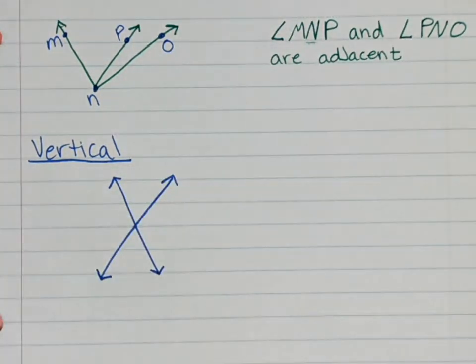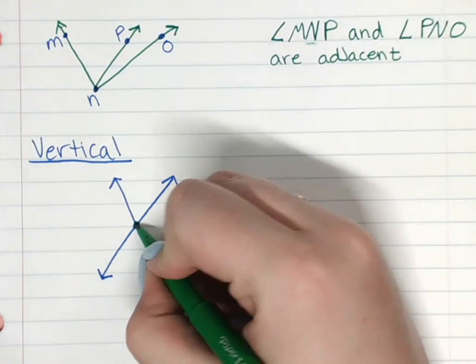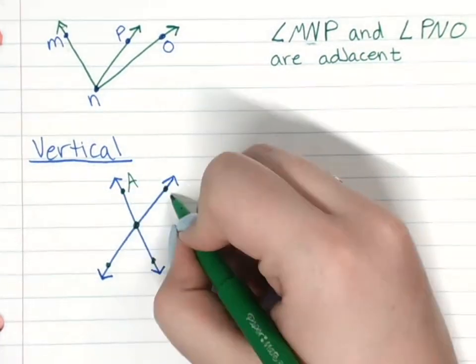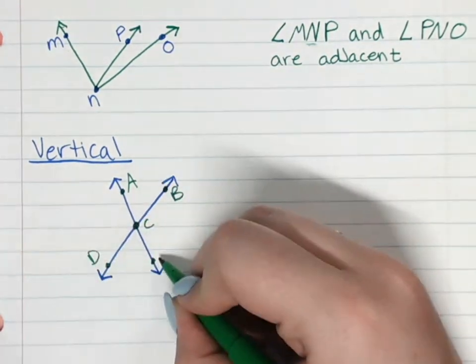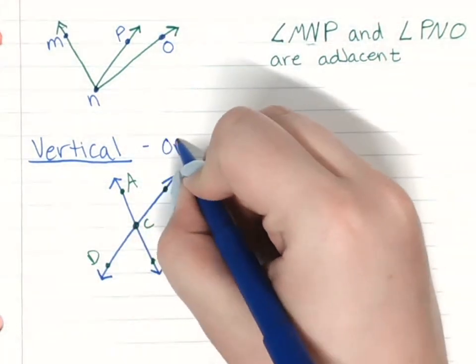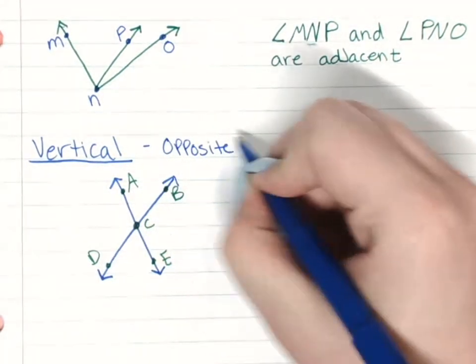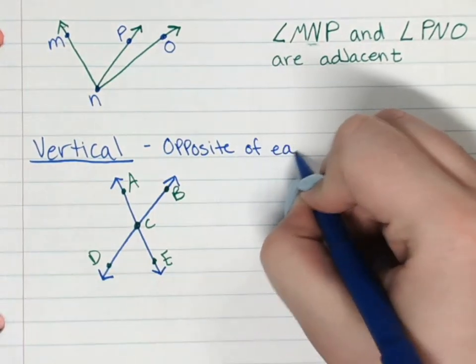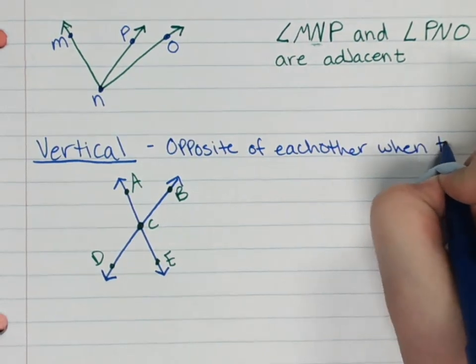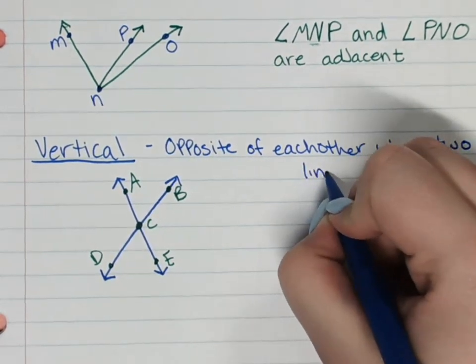So if I label my vertex and my points, go A, B, C, D, E. Anytime a line crosses, there are two sets of vertical angles. They are opposite of each other when two lines cross.